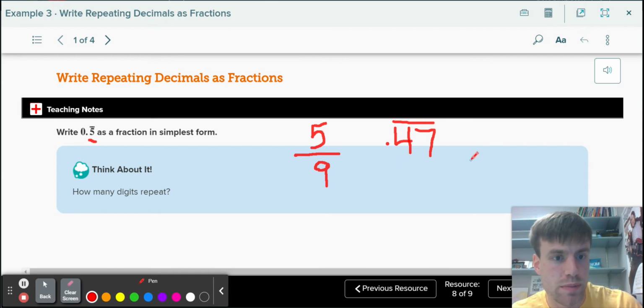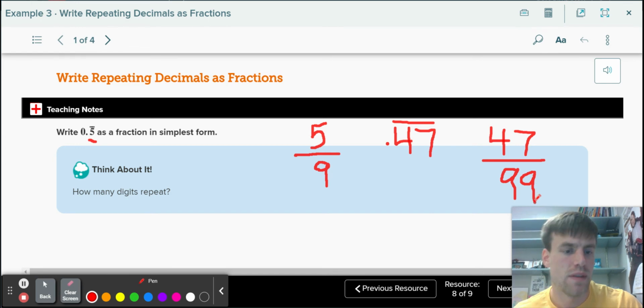But I'm going to take my 47, and it's going to be over the same number of 9s as the number of digits on the top. So if I have 47, or 0.47, I'm sorry, it's going to be over 99. Getting pretty good at this. And the same thing would happen if I had like 0.123 repeating. It would be 123 over 999.